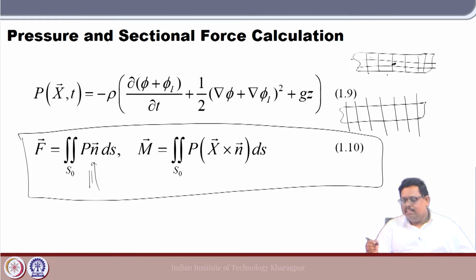Here what I need is the force per unit length, F per unit length. That means I need the sectional force. Why? Because this sectional force is the input to my structural solver.